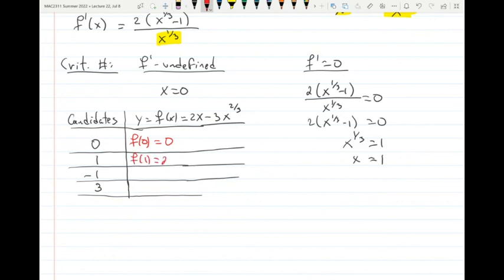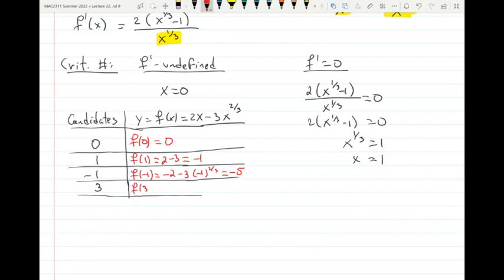What's f of 1? f of 1 is 2 minus 3, so that's a negative 1. f of negative 1 is negative 2 minus 3 times negative 1 to the 2/3. Notice that negative 1 to the 2/3 becomes positive 1 because ultimately you're doing a square. So that would be negative 2 minus 3, that's negative 5.